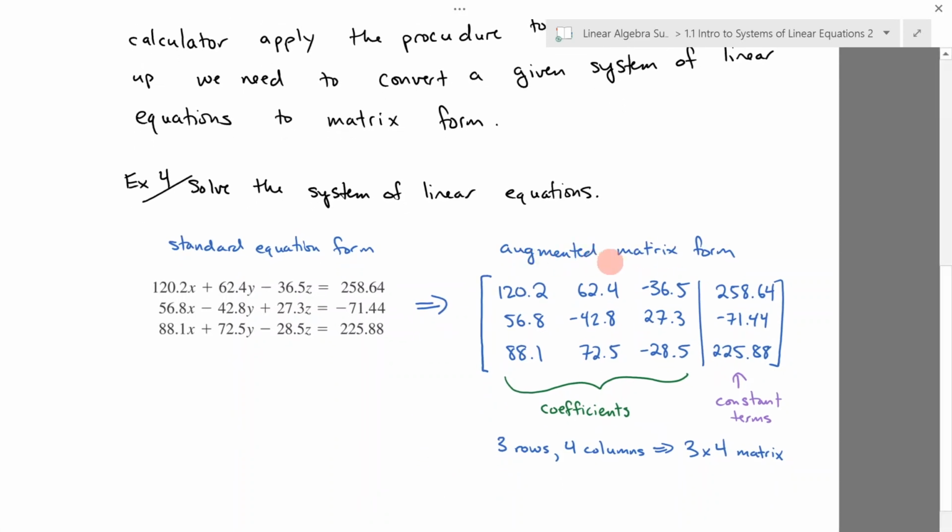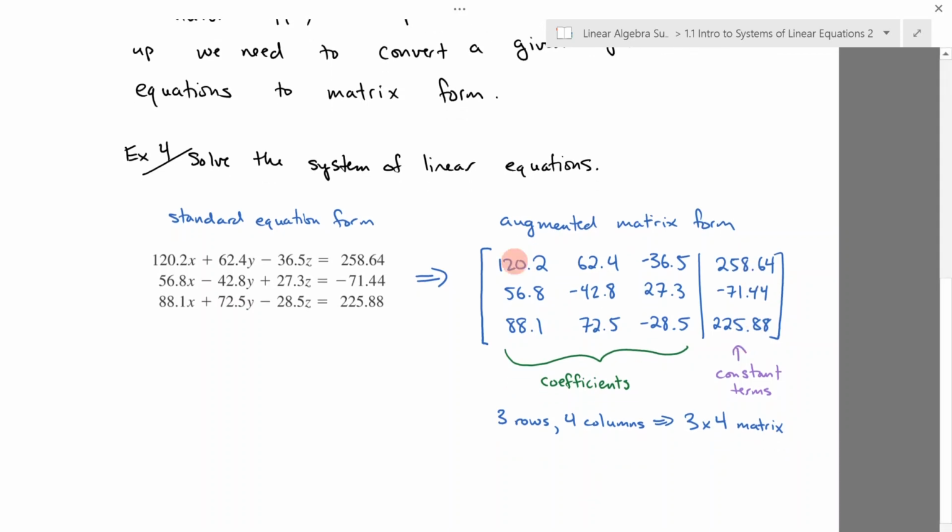This is called the augmented matrix, where you have the set of coefficients on the left and the constant terms in a column to the right. In addition, you can see that this matrix has 1, 2, 3 rows, and going down, 1, 2, 3, 4 columns.